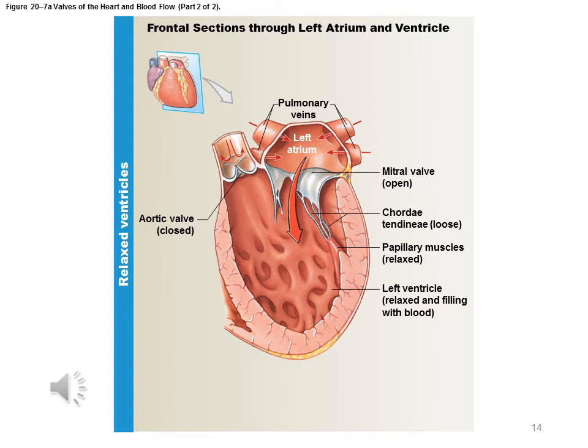Instead of a transverse section, we're going to look at a frontal section now. So this would be dividing the heart into front and back. Here you can see the mitral valve opens up as the blood comes in from the lungs through the left atrium, down through the mitral valve into the left ventricle.